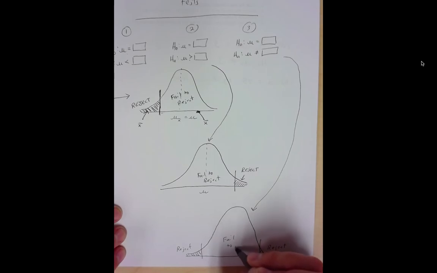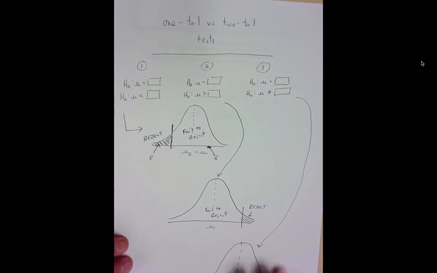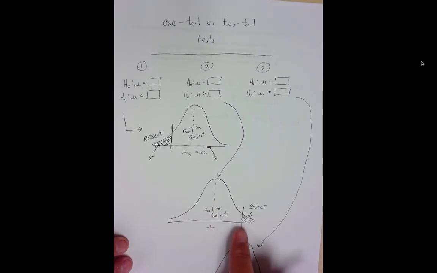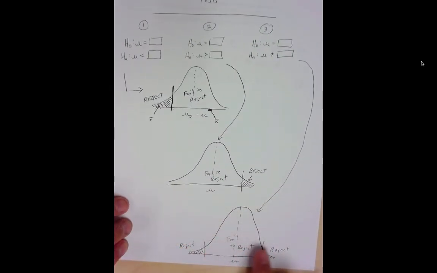And the fail to reject region is the part that hovers around the claim in H sub O. Now, which one's a one tail? Well, it's one tail if it only has one tail. It's two tail if it has two tails.